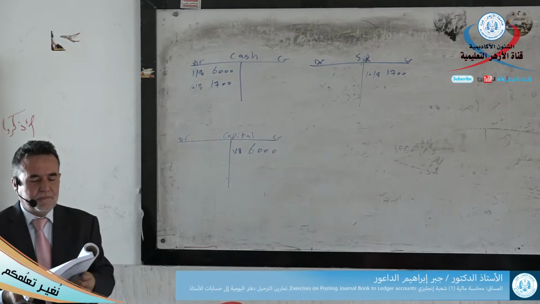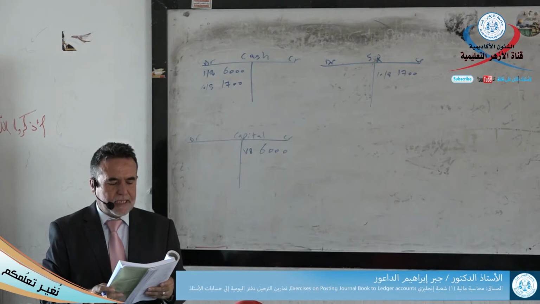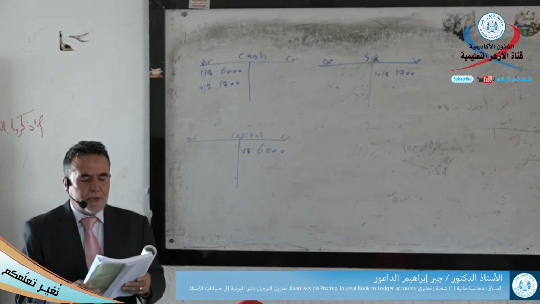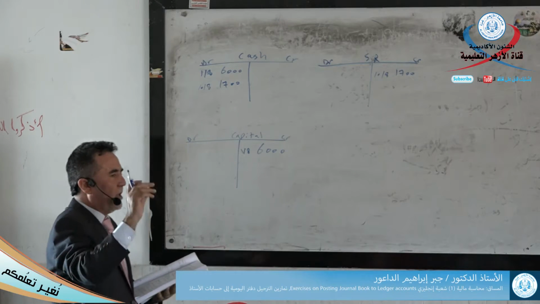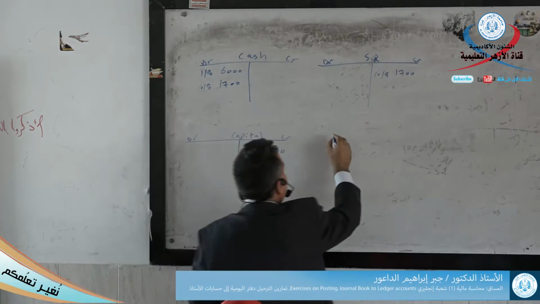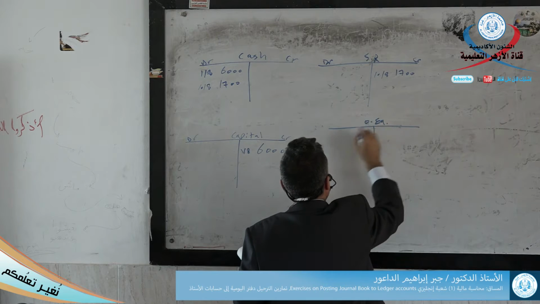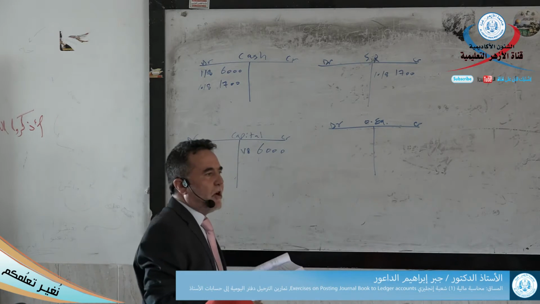Number 3, office equipment 4,000 to cash 1,000, note payable 3,000. So office equipment, debit for 4,000.